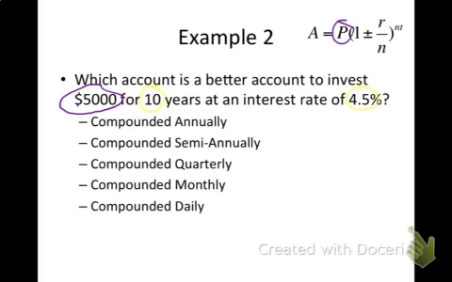All right, so for the first one, annually, N is equal to 1 because you're only doing it once a year. So my formula will look like A is equal to P, which is 5,000, times 1 plus my rate, which is 0.045 divided by 1, to the 10th power.